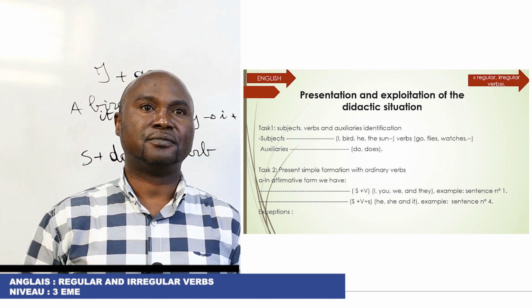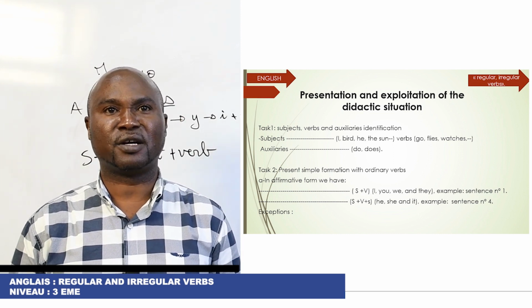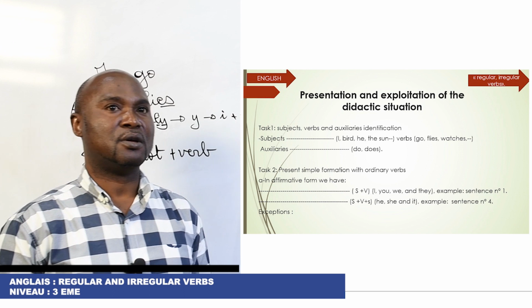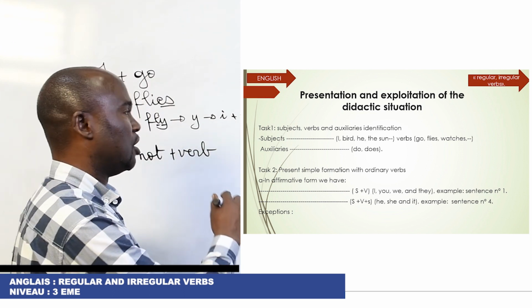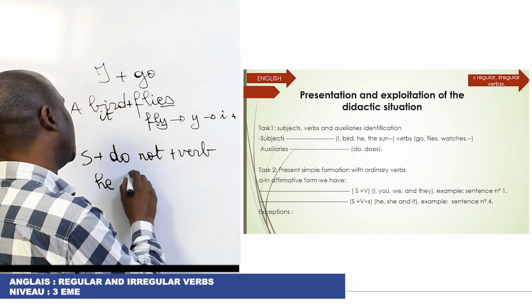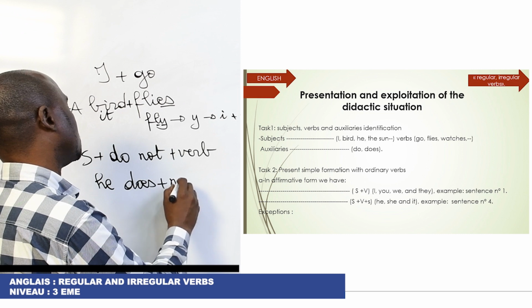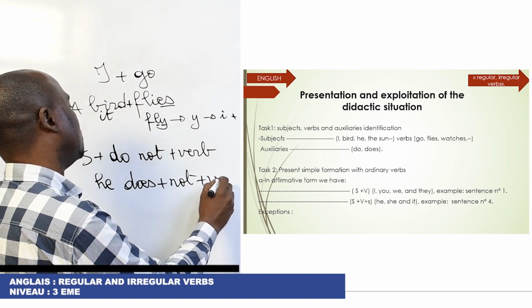Question: does your brother practice any sport? No, he does not practice any kind of sport. In this answer, in the negative form, the subject is he plus the auxiliary does, plus not, plus the verb.